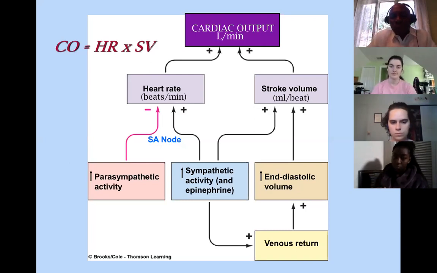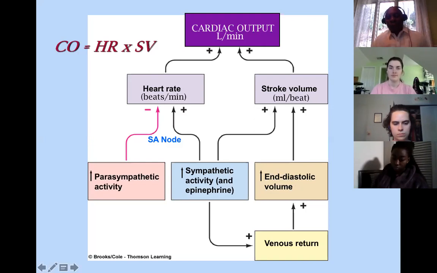Stroke volume is influenced by the sympathetic, okay? But it's also influenced by the end diastolic volume. We've talked about this. So the volume that fills the left ventricle at the end of diastole. In other words, we shall introduce a concept later here.